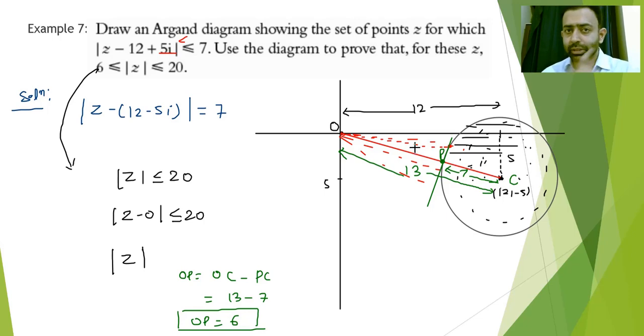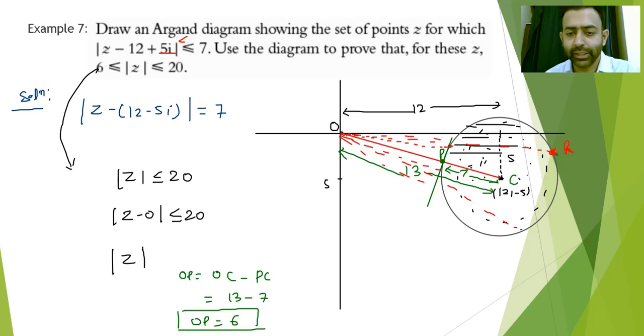Now let us come to the other part, which is the maximum distance from the origin. If you take any other point, let us say you are taking this point, I hope you can see it on the screen, let us say R. The distance of point O from any other point which is not lying on this line passing through the center, all these distances will this time be less than the distances lying along the line OP or OC.